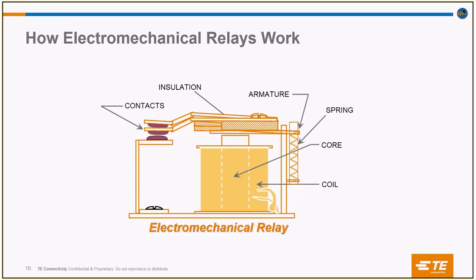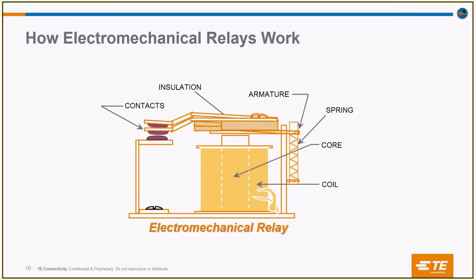Once electric current is passed through the coil, the core becomes magnetic. That is the principle of electromagnetism. In electromagnetism, we cannot find an actual magnet, but when an electric current is passed through the coil over the core, it becomes magnetic.